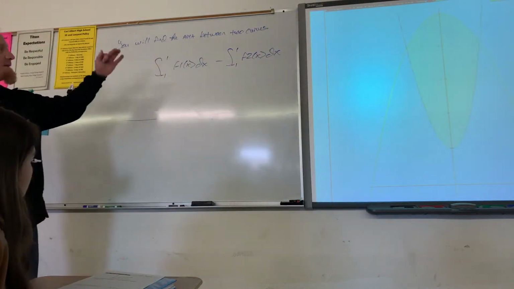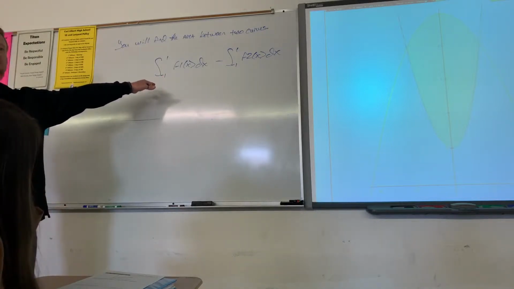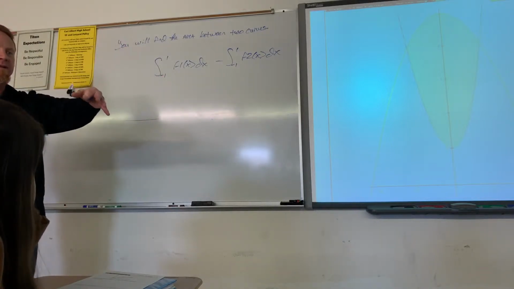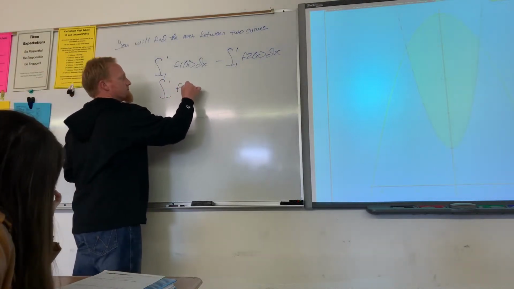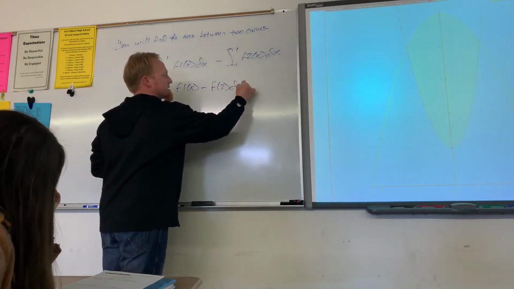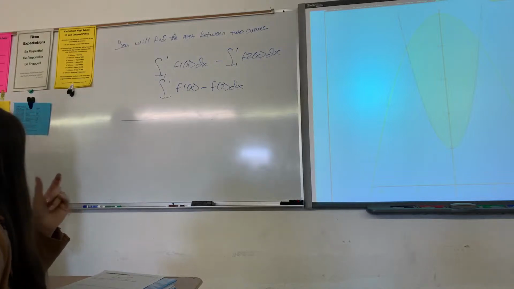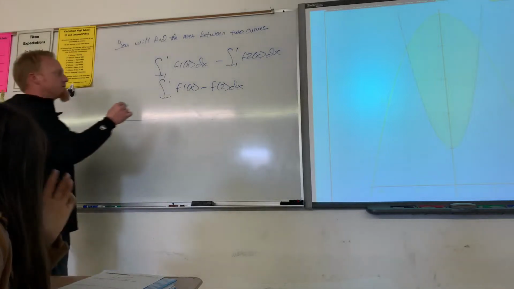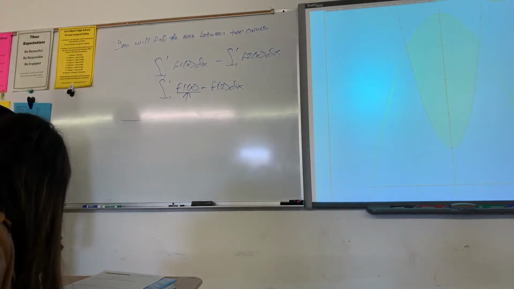Okay? Can I make this simpler than I have written up here? I can combine them into one integral: f1 of x minus f2 of x, and then that's going to give me my area that's trapped. Okay? How do you determine which function comes first?